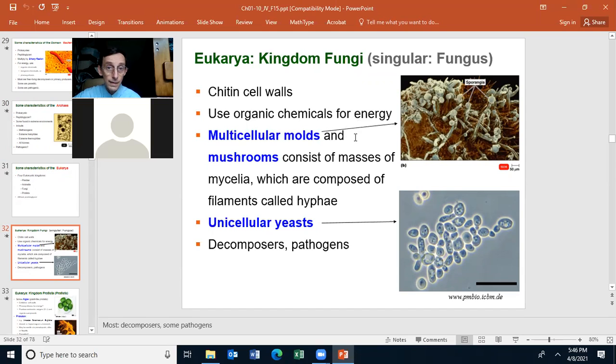The fungi include the multicellular molds and the mushrooms, which are multicellular. They consist of masses of mycelia, which are composed of filaments called hypha. And there we're seeing a hypha right there and right there. The fungi also include the unicellular yeast.